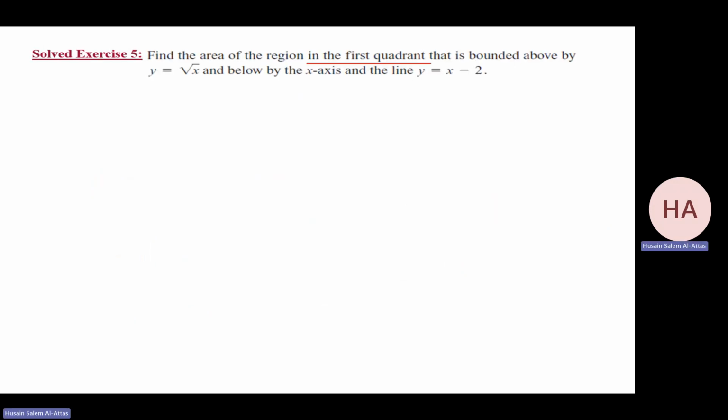Find the area of the region in the first quadrant that is bounded above by y equals square root of x and below by the x-axis, and underline this. Okay. So always we need to graph the function. I have this. So this is the upper bound. And I have the line y equal x minus 2, which at 0 is minus 2.